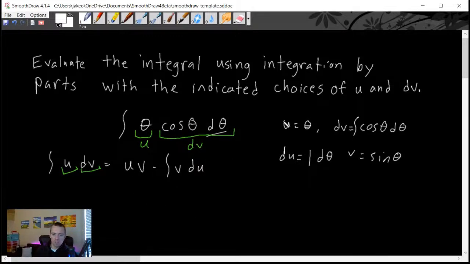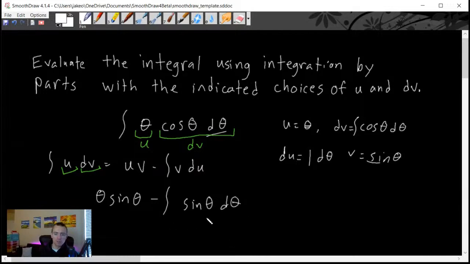So u times v is going to be theta times sine theta minus the integral of v times du. So minus the integral of 1 d theta times sine theta, which is just the same as sine theta d theta.